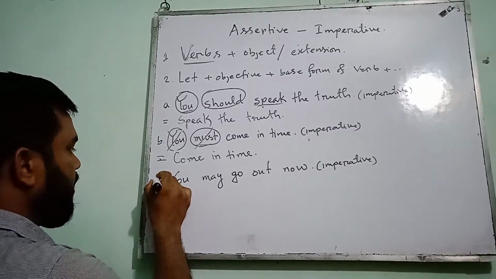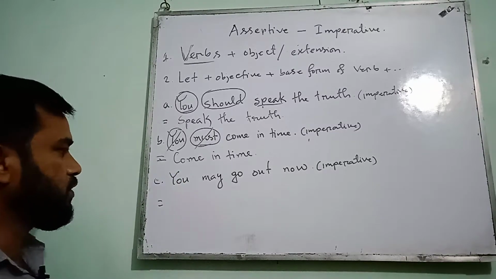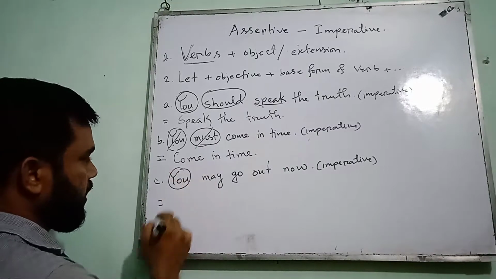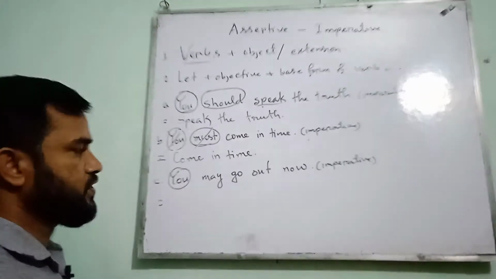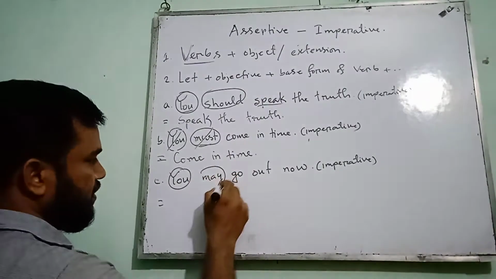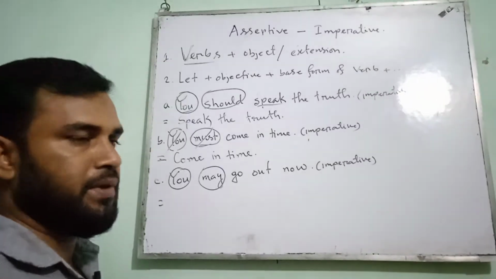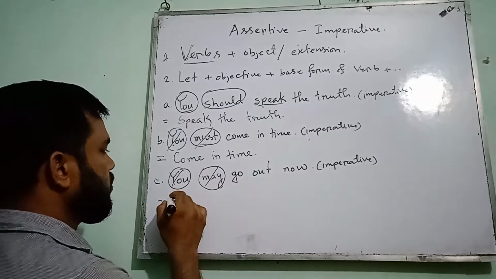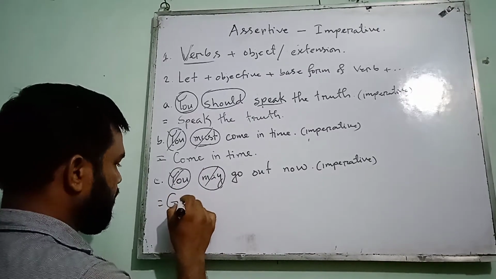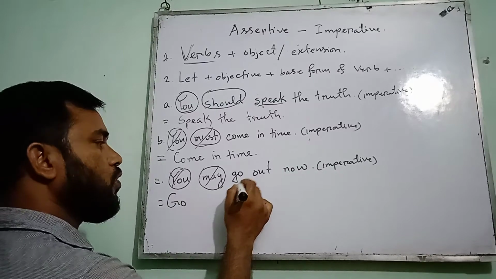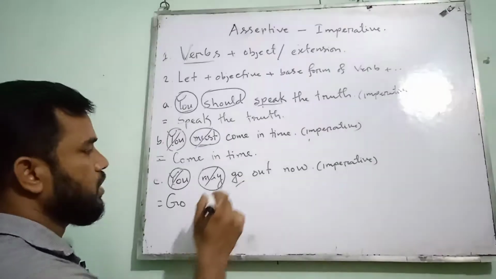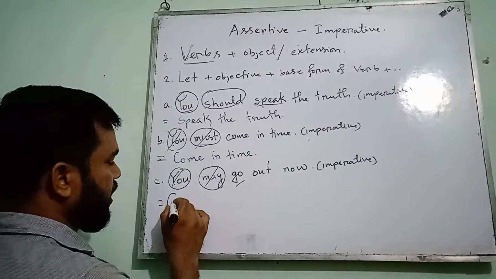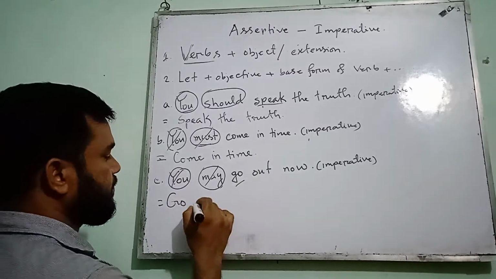Let us try the last one. You may go out now. Here we can also see that the sentence begins with the subject you and the next word is an auxiliary verb may. We have to exclude these two words and start from go, because the word go is the verb form of this sentence, and we have to begin from the verb.